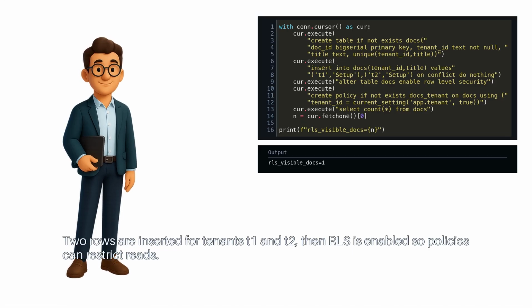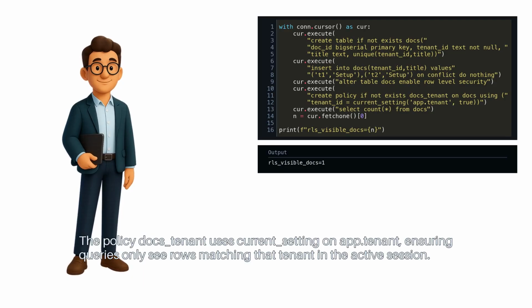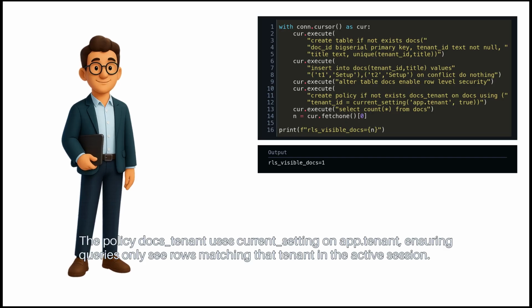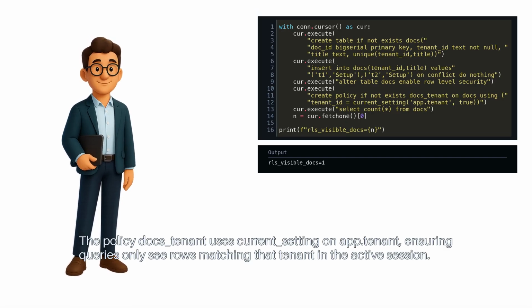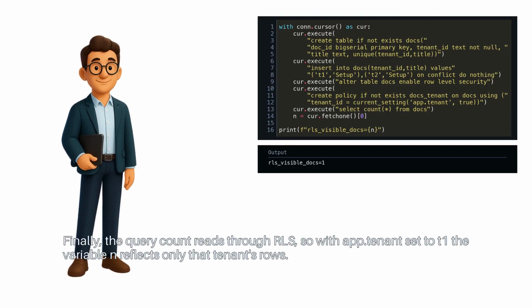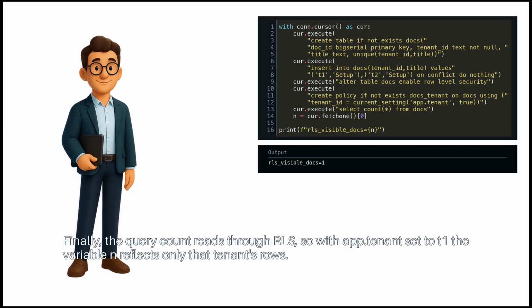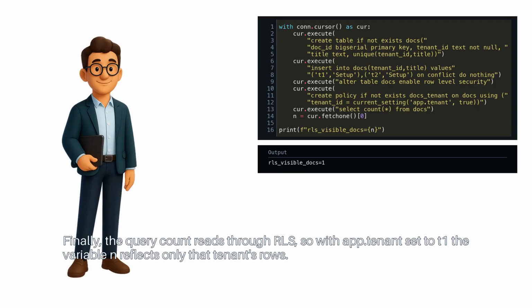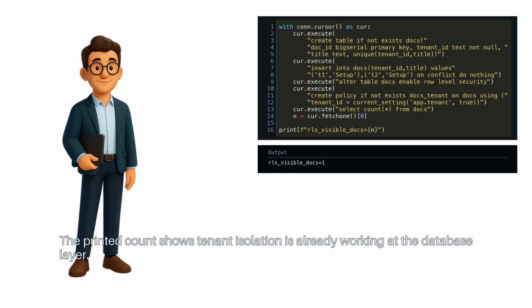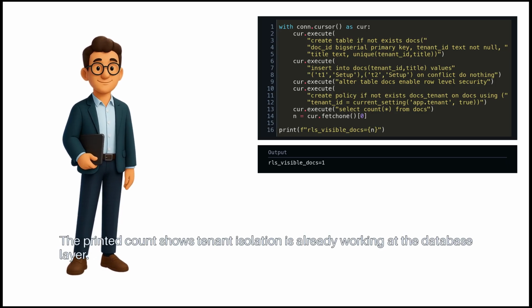Then RLS is enabled, so policies can restrict reads. The policy docs_tenant uses current_setting on app.tenant, ensuring queries only see rows matching that tenant in the active session. Finally, the query count reads through RLS, so with app.tenant set to T1, the variable n reflects only that tenant's rows. The printed count shows tenant isolation is already working at the database layer.